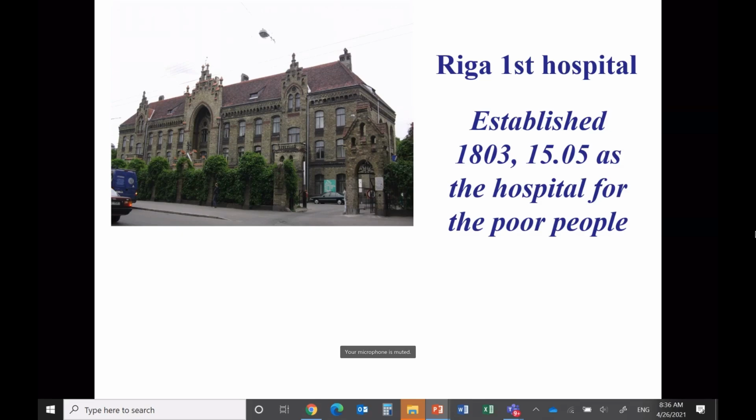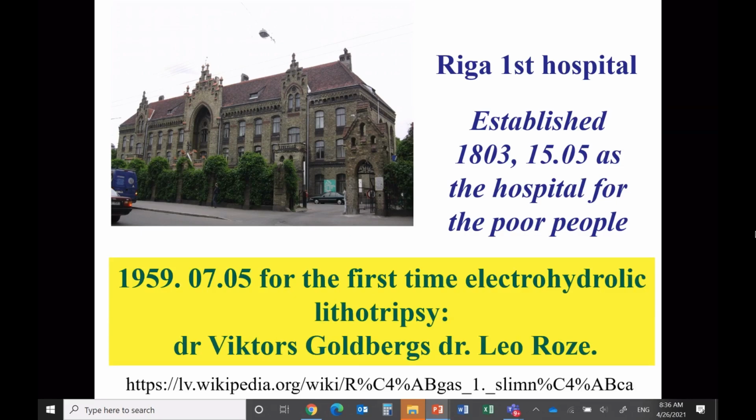Today it is a modern hospital. You can see the hospital in the center of the city. And in 1959, they applied for the first time so-called electrohydraulic lithotripsy. The inventors were Victor Holbergs and Dr. Leo Rose.